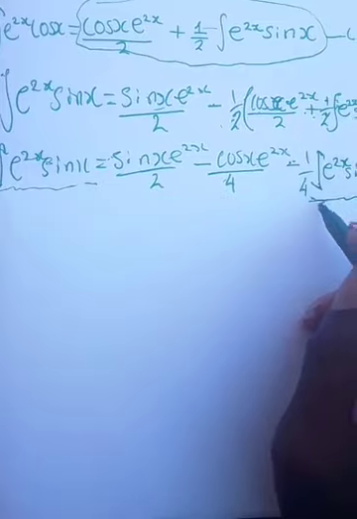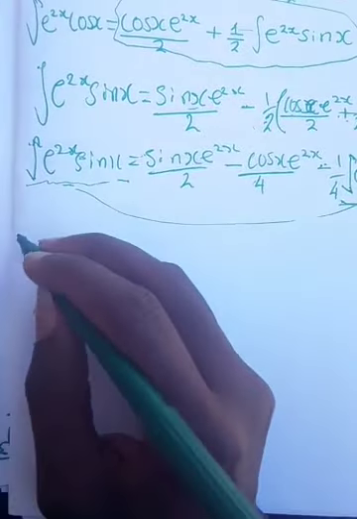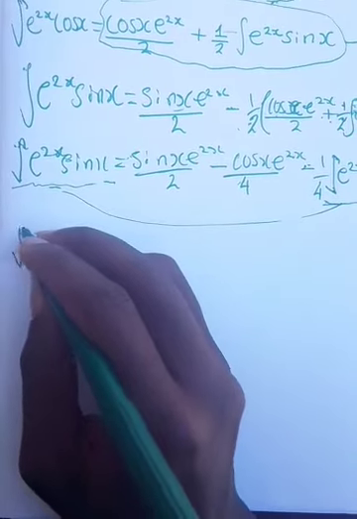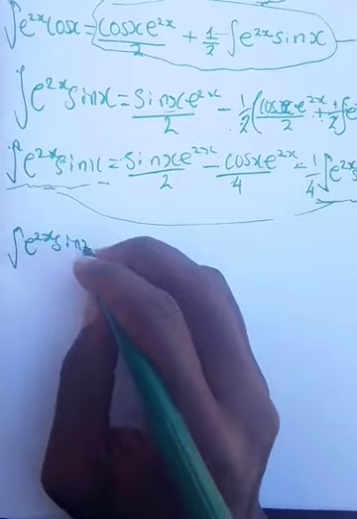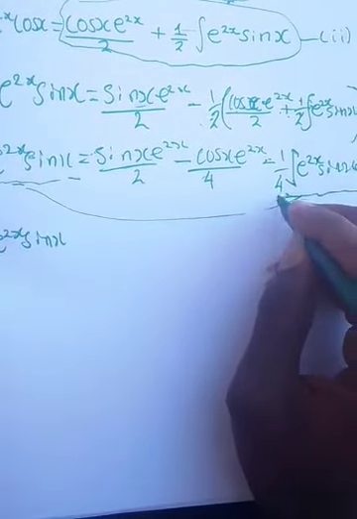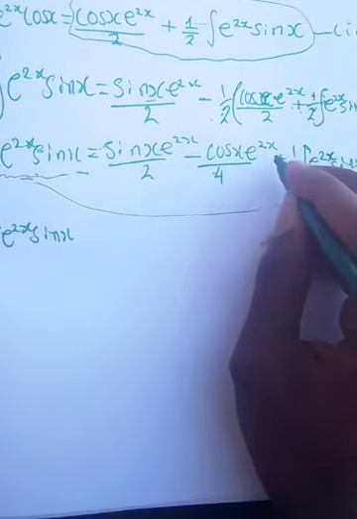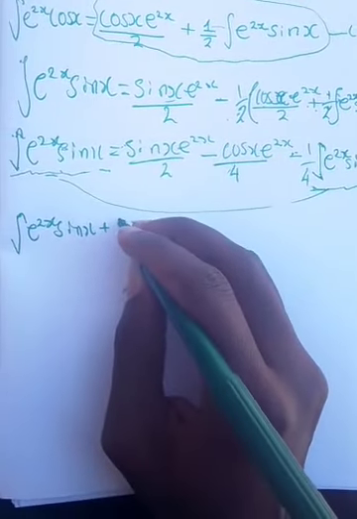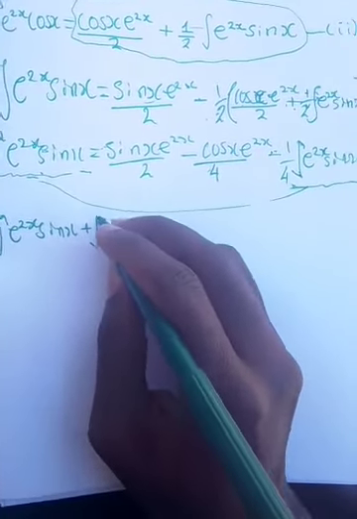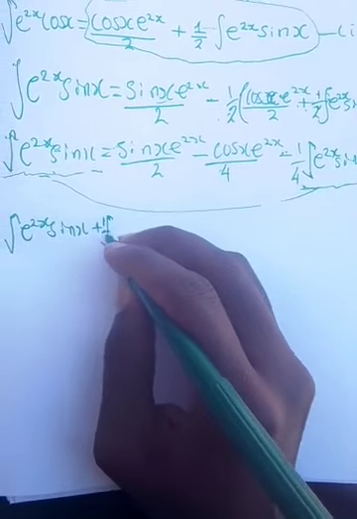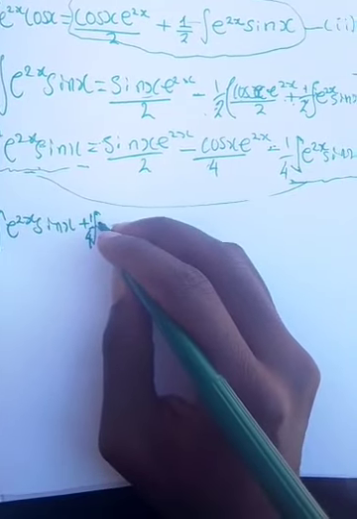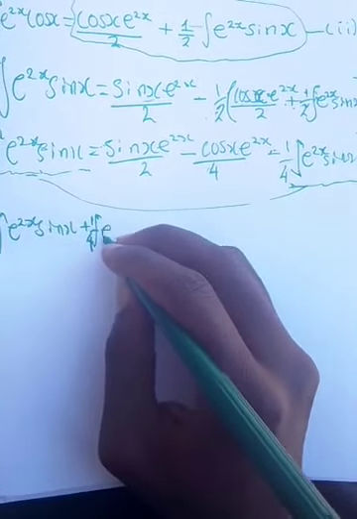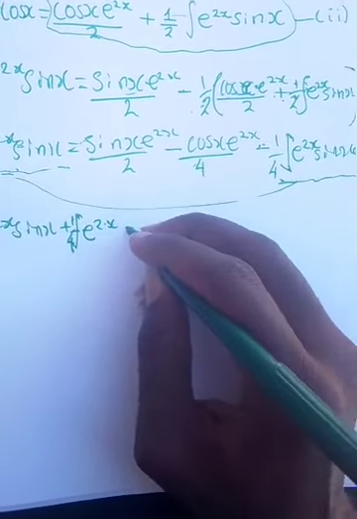So I'm going to end up having the integral e^(2x) sin x, and when this one comes here, the sign is going to change, so it's going to be plus 1 over 4 integral e^(2x) sin x.